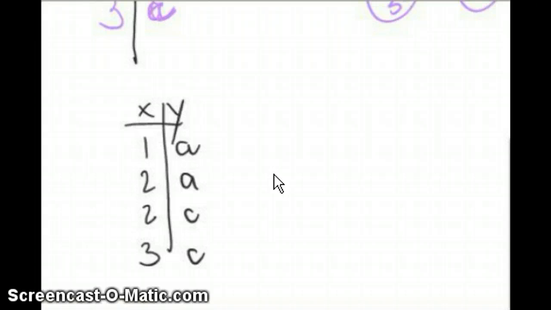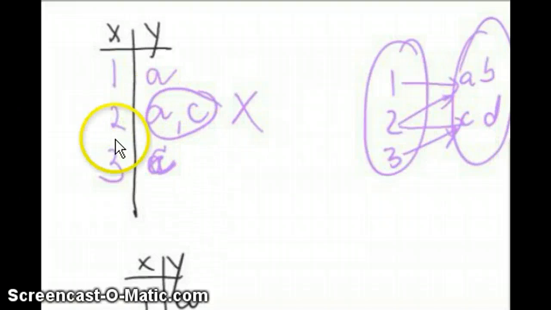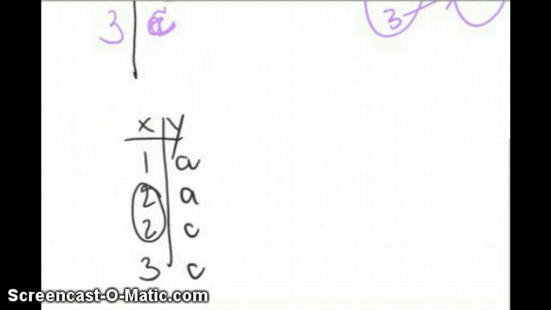So now you might say, oh, each element has a corresponding image, one and only one. No, it's not true, because 2 here is written twice. We have only 1, 2 in the first set. There aren't 2 of the same value. So this might be tricky.